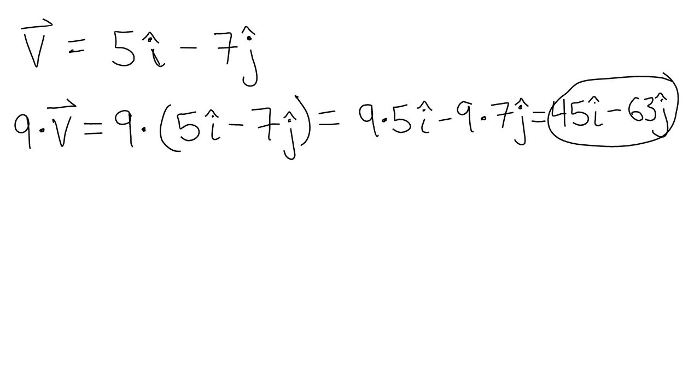Any questions about multiplication of vectors and scalars? In 9.3, we're going to talk about how to multiply vectors with vectors. But right now is just vectors with scalars. And then let me also show you the length of a vector.